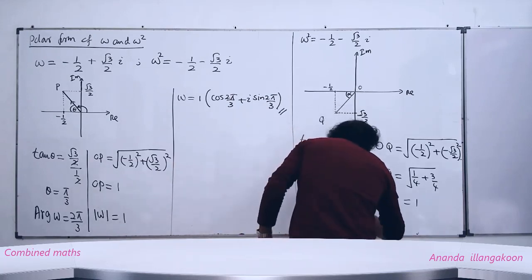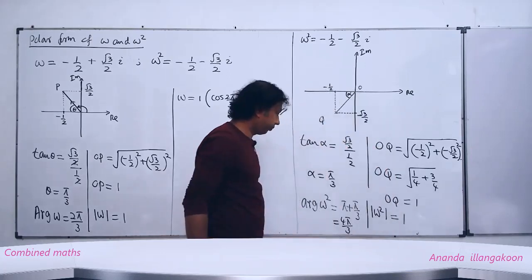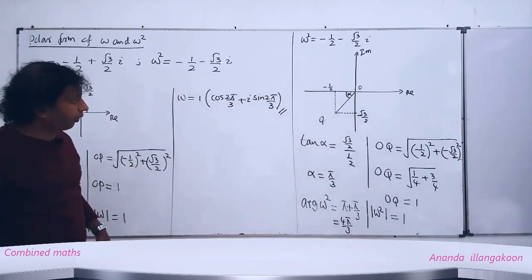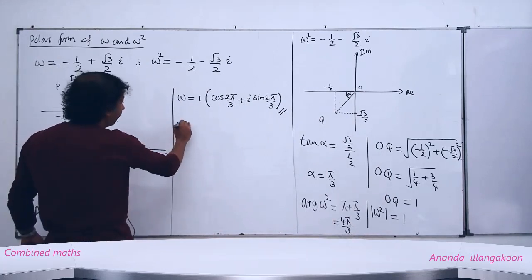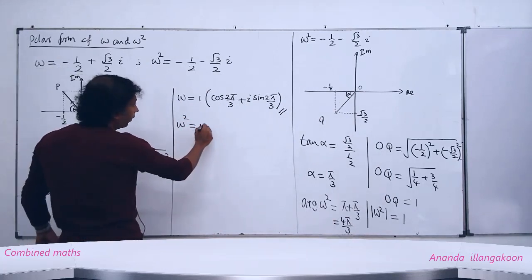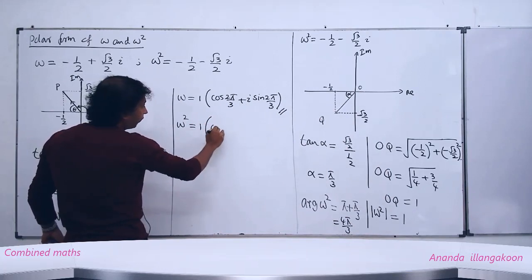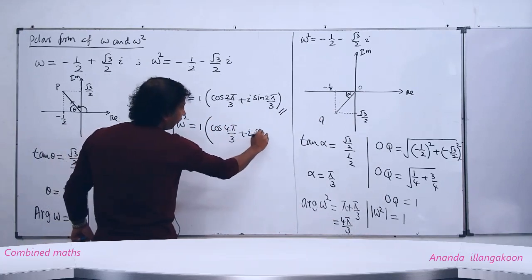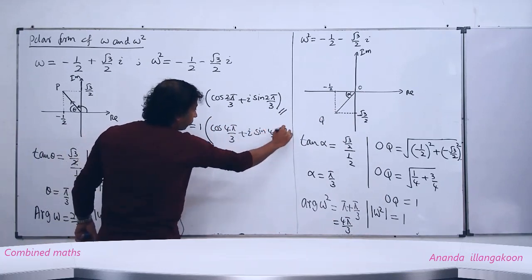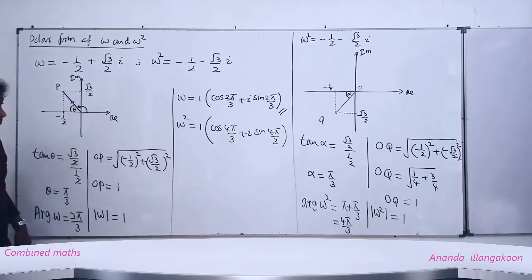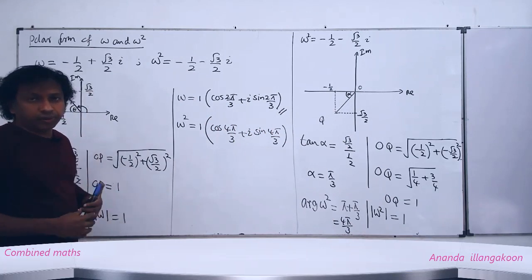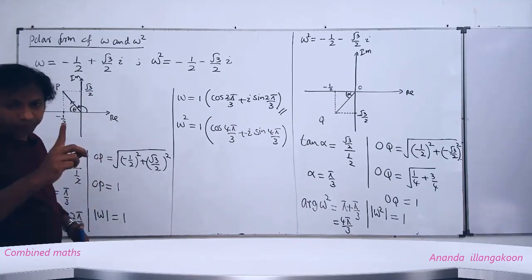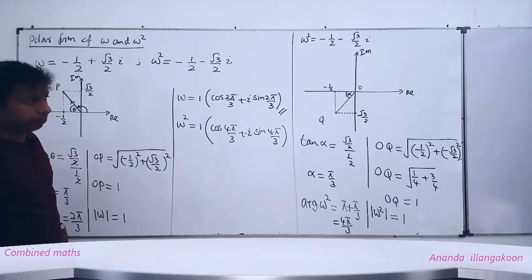And the modulus of omega squared is 1. Now the polar form you can write: omega squared is 1 times cos 4 pi by 3 plus i sin 4 pi by 3. Okay, omega and omega squared, each one's modulus value is 1, right?